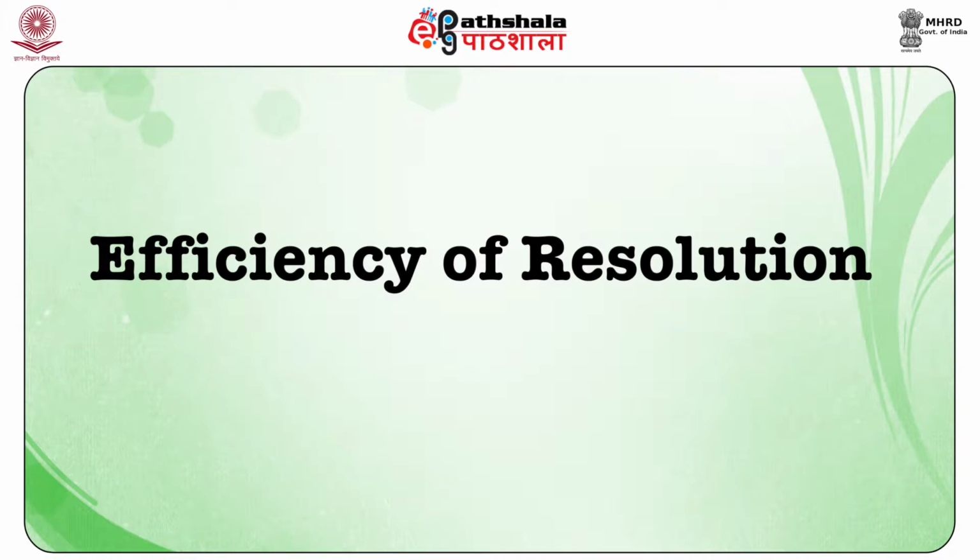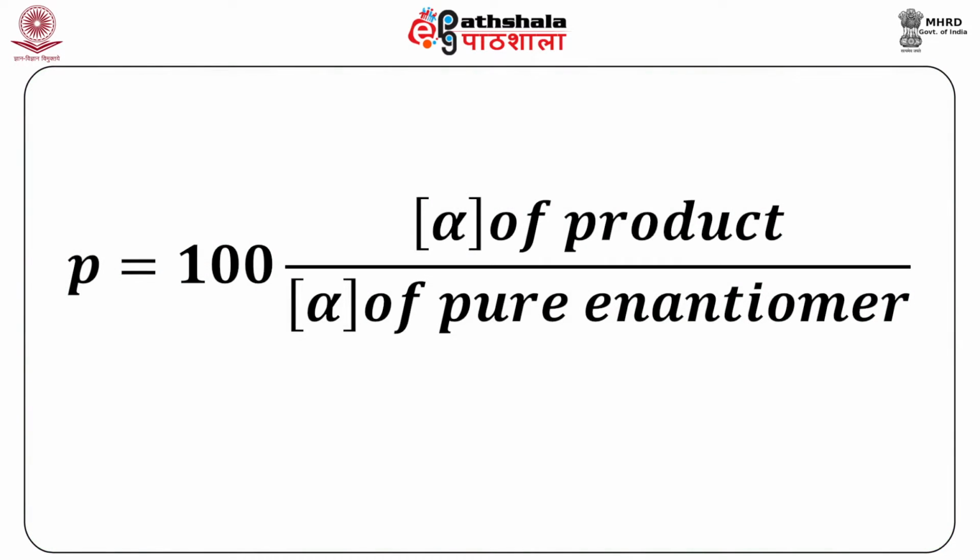Efficiency of resolution. The efficiency of a resolution method is estimated by the optical purity of the pure product obtained and is expressed by P in percent, where P is equal to 100 multiplied by the ratio of the molar concentration of the product to the molar concentration of the pure enantiomer.